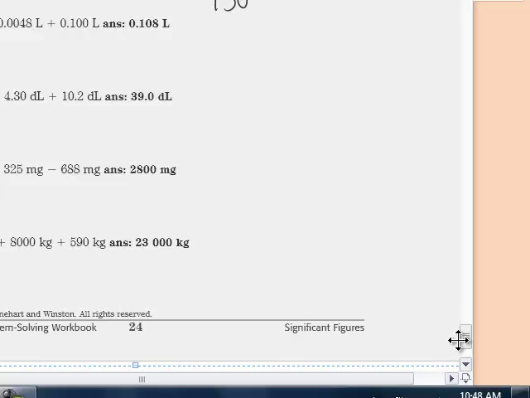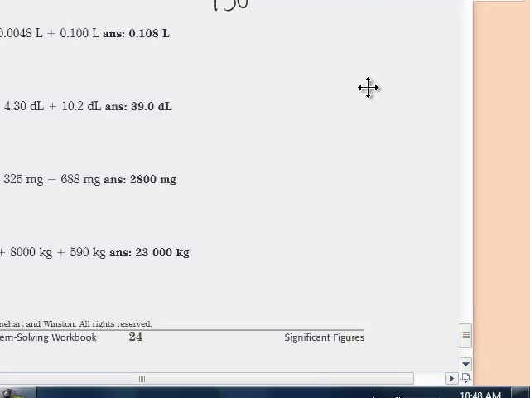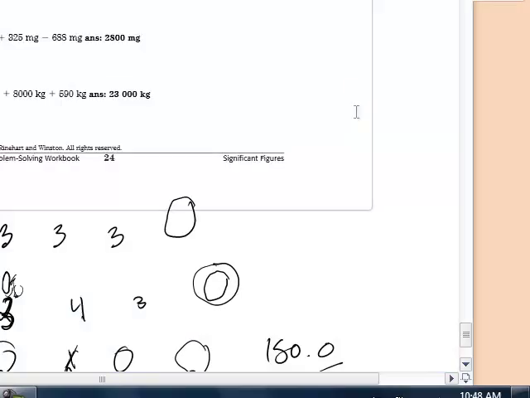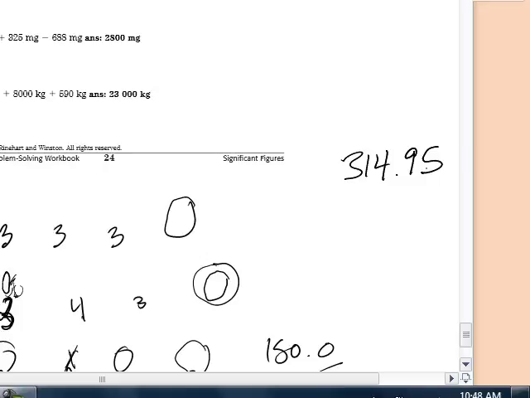What do you get, Justin? You get 314.95. Okay, so you still have those numbers in front of you on your calculator.